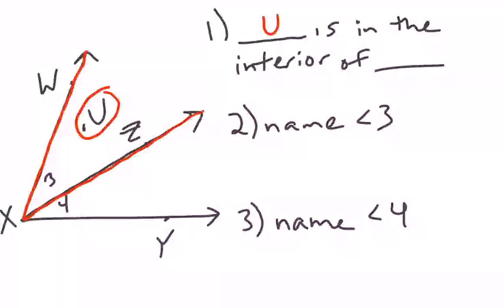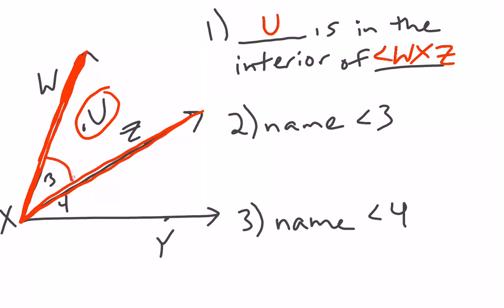But let's get some practice writing that angle using 3 letters versus just using angle 3. So I'm going to start up here, W, X, Z. I do the little cross with Z, otherwise it looks like a 2 for me. Which conveniently, we just named angle 3, so we're already done with part 2.